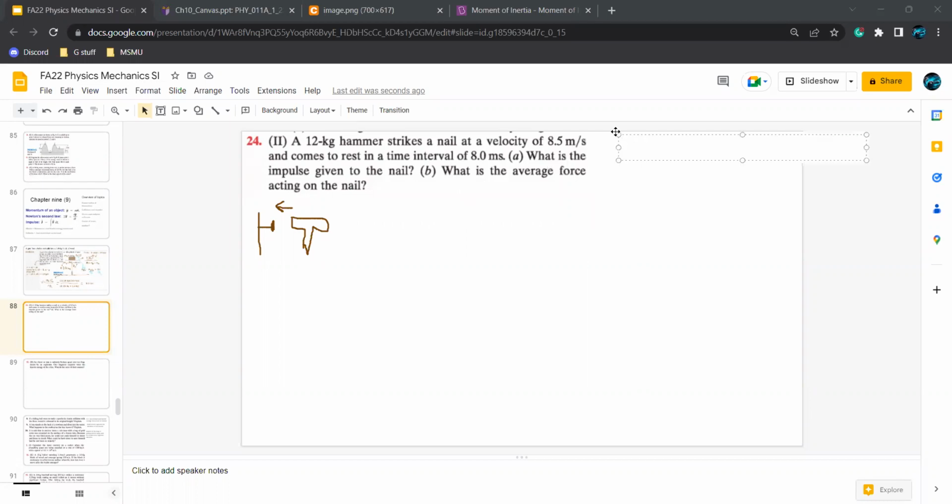So impulse is defined as J, which equals... I can't do the integral sign, but the integral of F dt.